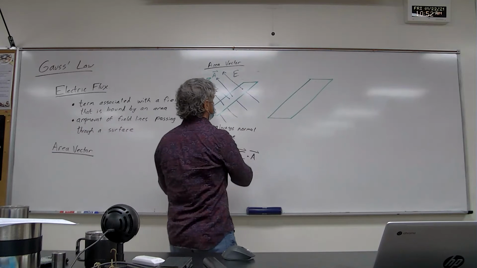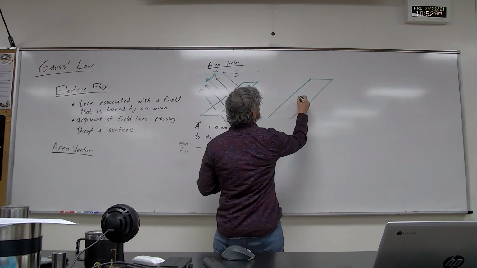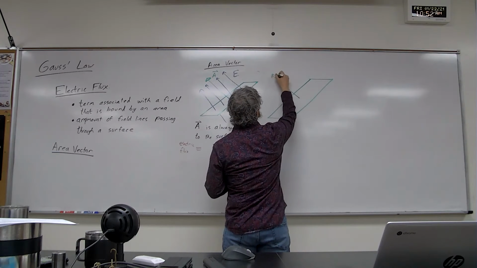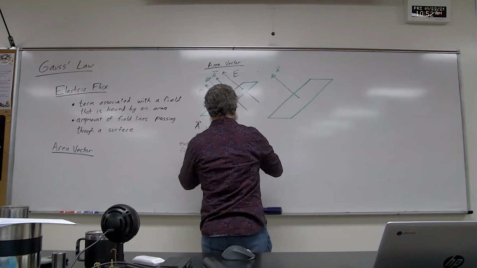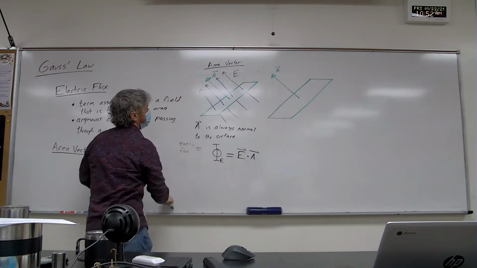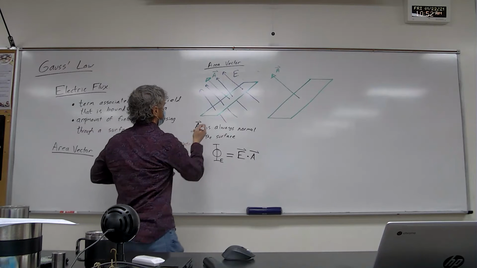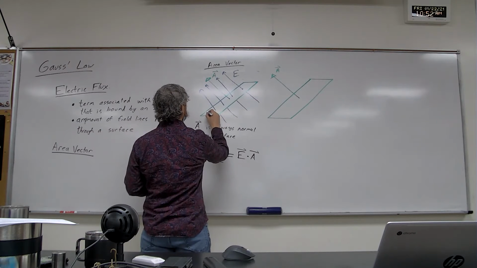Or I can think of that same area vector, but then, and to really drive this point home, let me actually draw two more electric field lines through this surface.